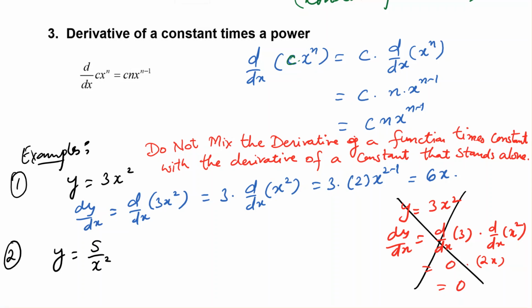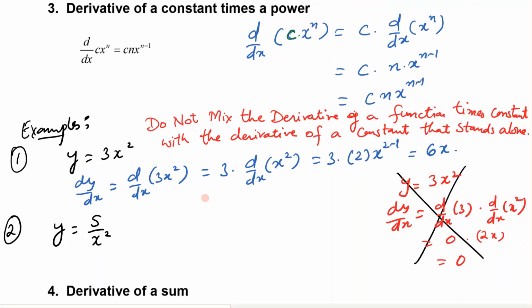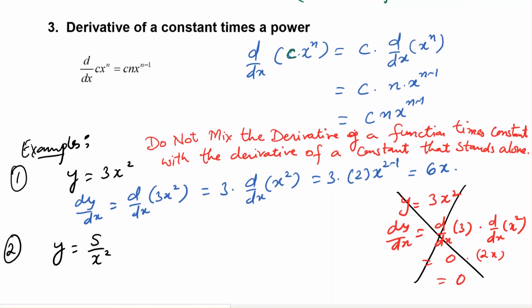Next we have y is equal to 5 over x squared. If you want to find the derivative of this function, I can rewrite it as 5x raised to power negative 2. 5 is the constant, it can come out, and then we take the derivative of x raised to power negative 2.